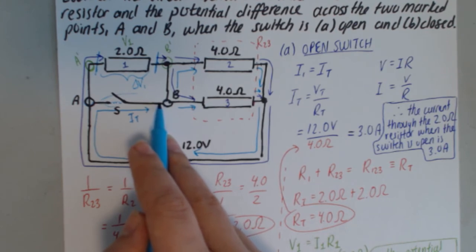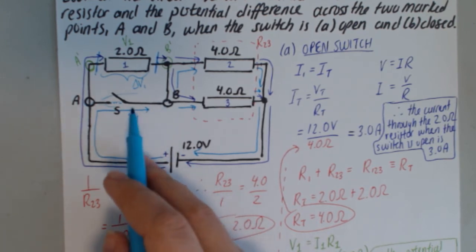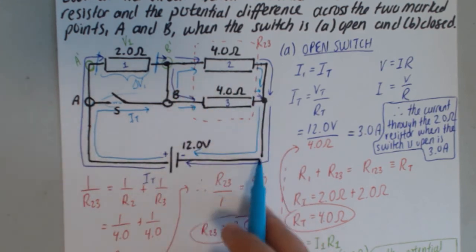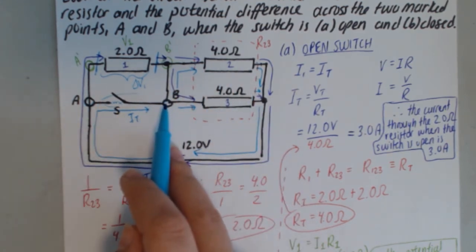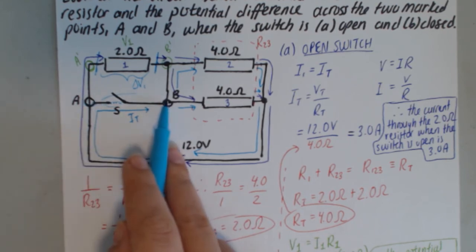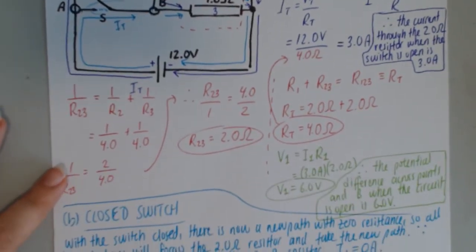In reality, electrical wires do have resistance. They are not perfect conductors. However, for our purposes, we assume that these conducting wires are ideal wires of 0 resistance. In other words, the voltage here is equal to the voltage here, giving us a voltage difference between A and B of 0. So that's what we're going to say.